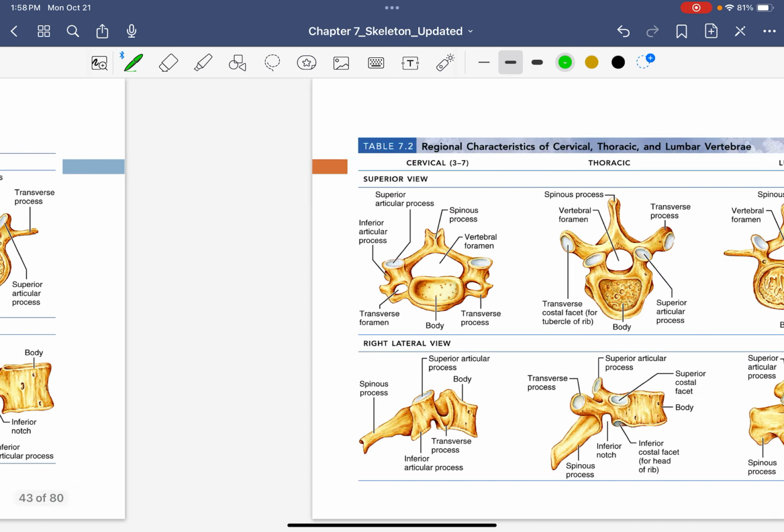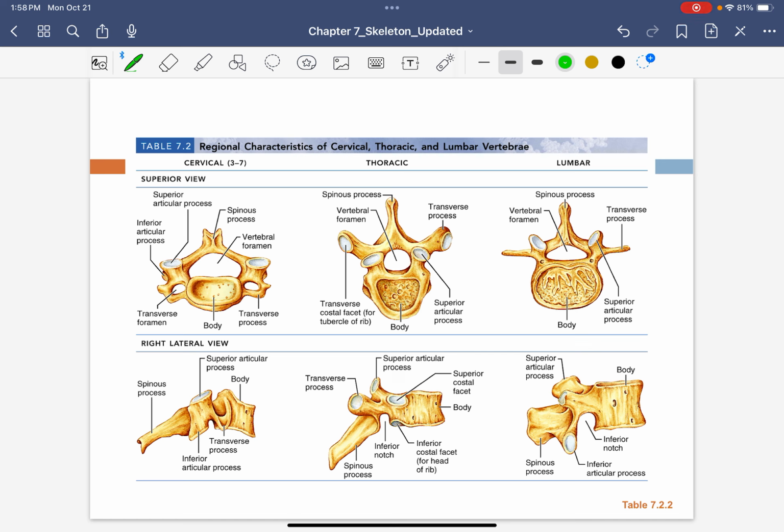Don't forget to review the three different shapes. So we talked about the cervical. Cervical are the smallest of the vertebrae. Something else that was unique is they have a hole in the side that allows for the protection for the cerebral arteries. Thoracic has a really pointy spinous process.